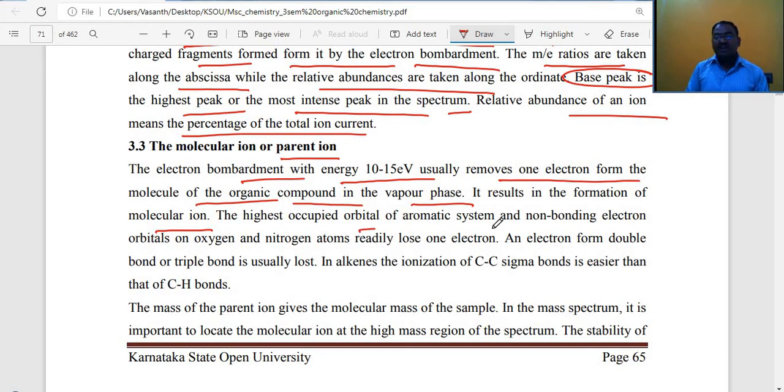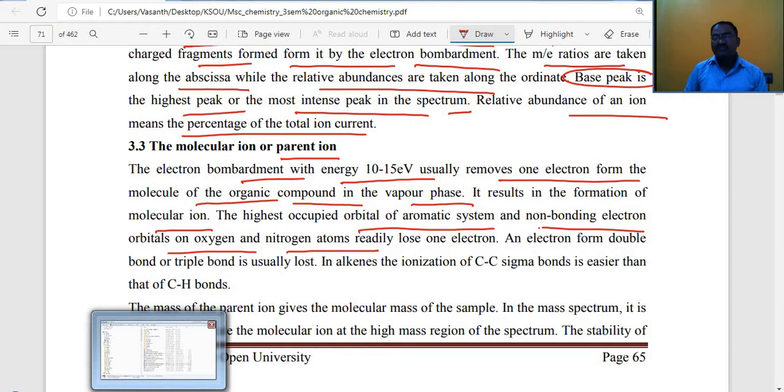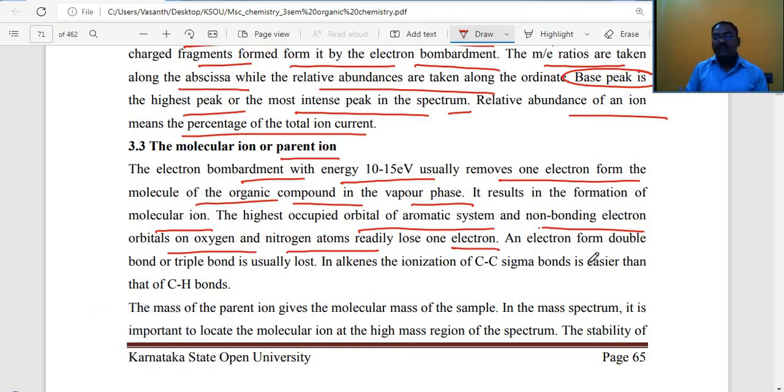The highest occupied orbital of aromatic systems and non-bonding electron orbitals on oxygen and nitrogen atoms readily lose one electron. An electron from a double bond or triple bond is usually lost. In alkanes, the ionization of a carbon-carbon sigma bond is easier than a carbon-hydrogen bond.